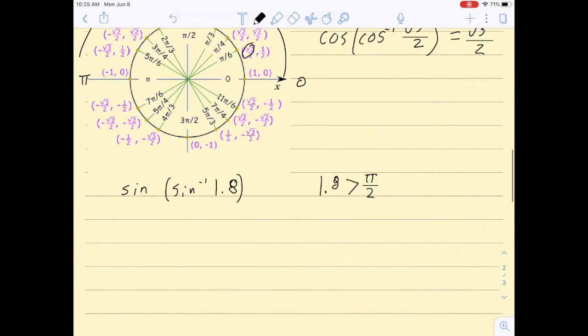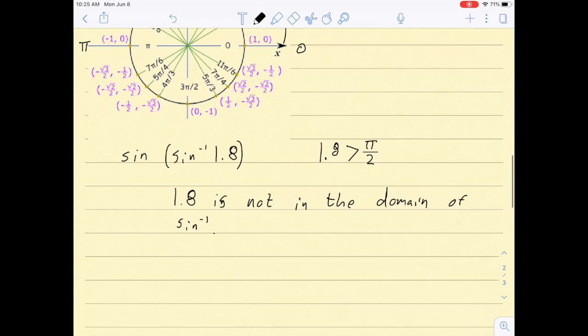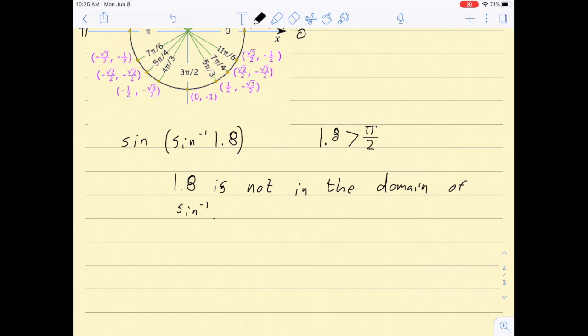So 1.8 is not in the domain of inverse sine. So we can't evaluate it. We can only evaluate it if it is inside the domain.